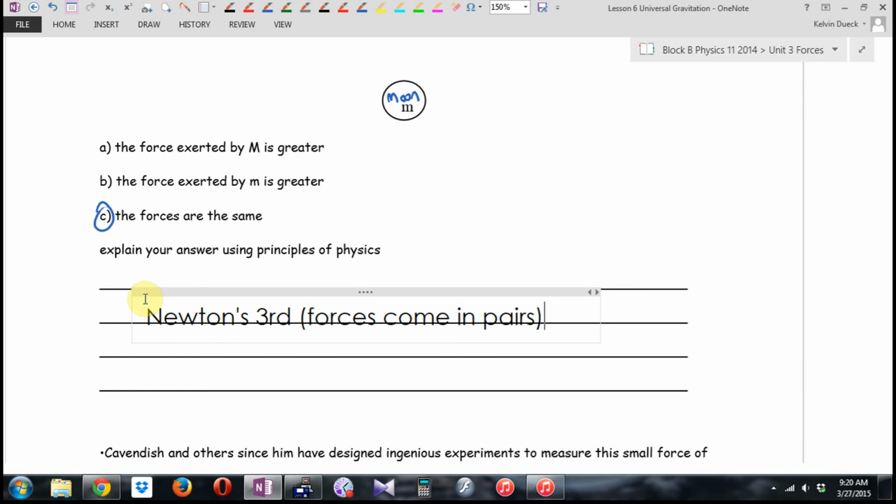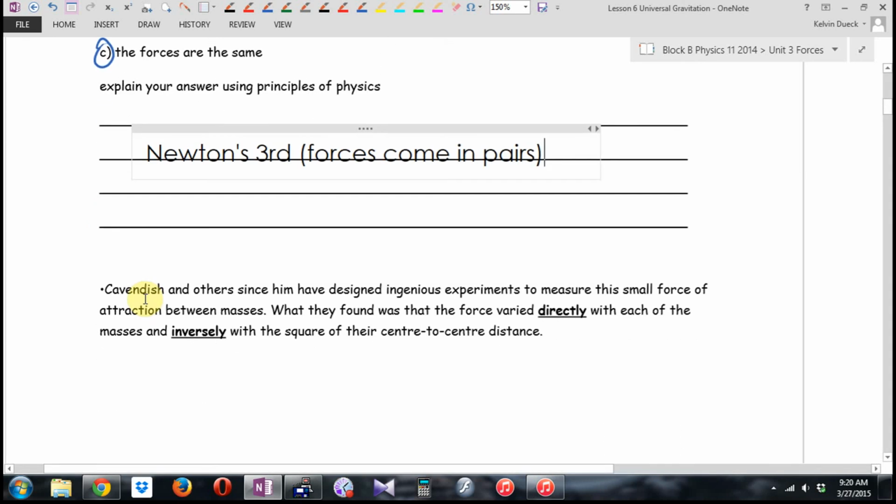In fact, it's so small that although Newton said, I've come up with the equation, I'm missing one particular value and I don't know how to measure it. And it wasn't until Cavendish and other scientists came along and found a way to actually measure the gravitational force of attraction between a couple of big barrels of cement, which is nearly zero, but it's there.